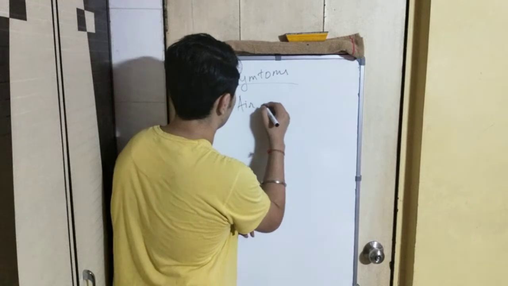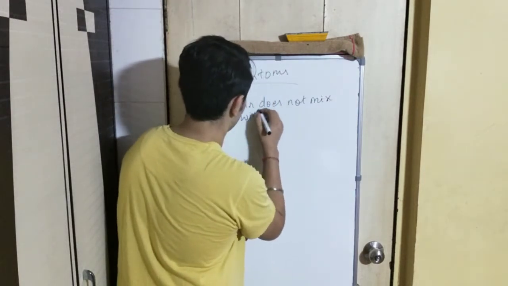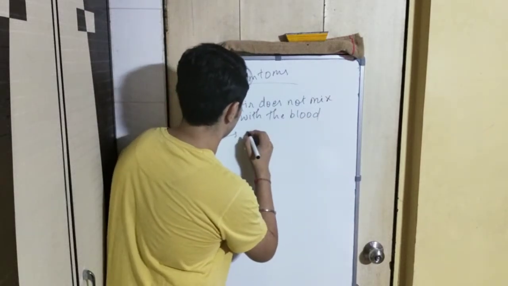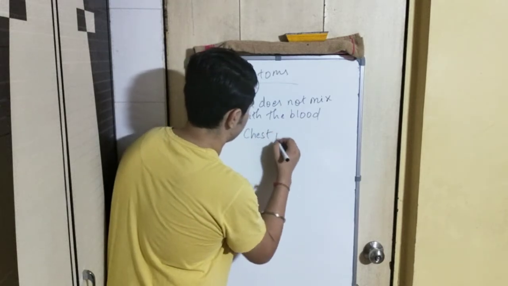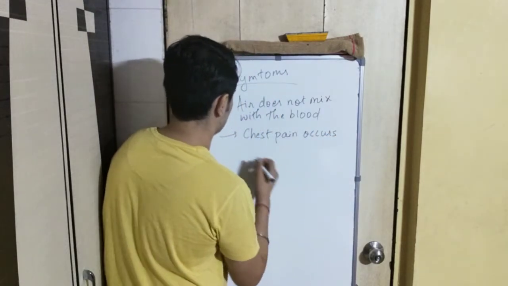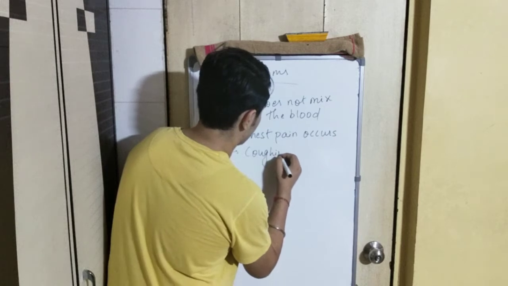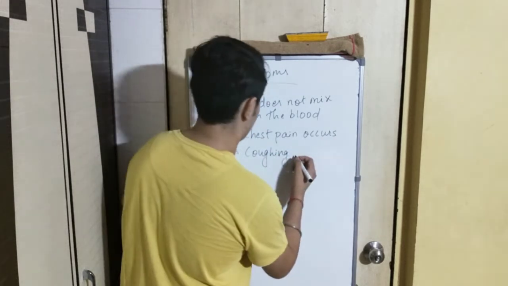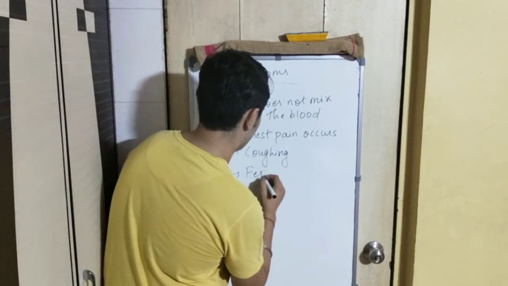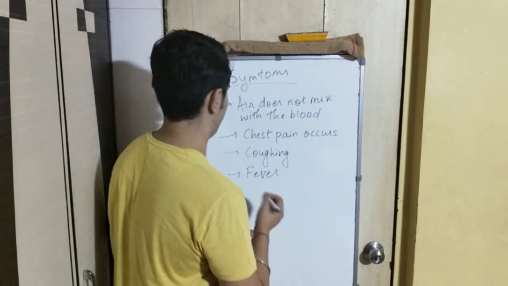First is air does not mix with the blood. Second is chest pain occurs. Third is coughing. Then fever. In all the lung diseases you will have fever, or in some you may not have fever.